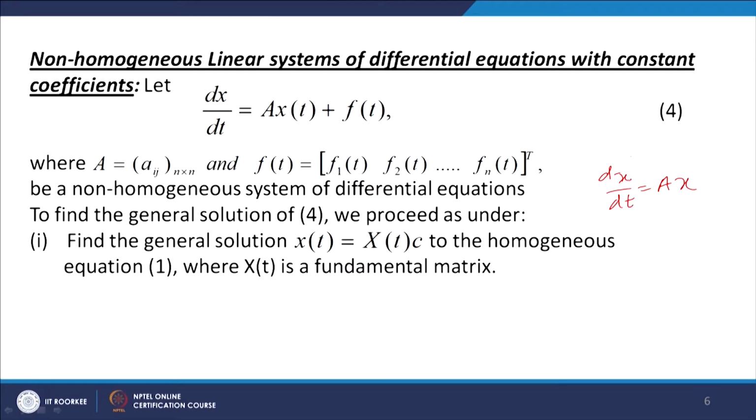So, we find the general solution of this, that means we find n linearly independent solutions x1(t), x2(t) and so on, xn(t) of this homogeneous linear system, and then form the fundamental matrix as we have discussed just now, fundamental matrix X(t) equal to x1(t), x2(t) and so on, xn(t), whose n columns are these n linearly independent solutions of dx by dt equal to Ax.